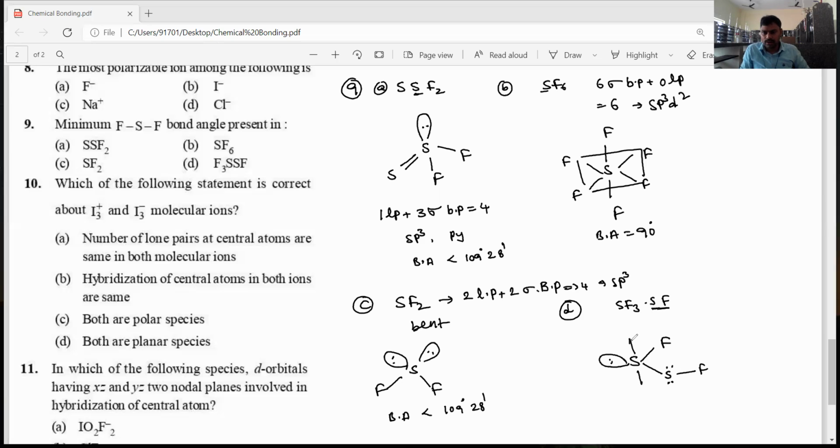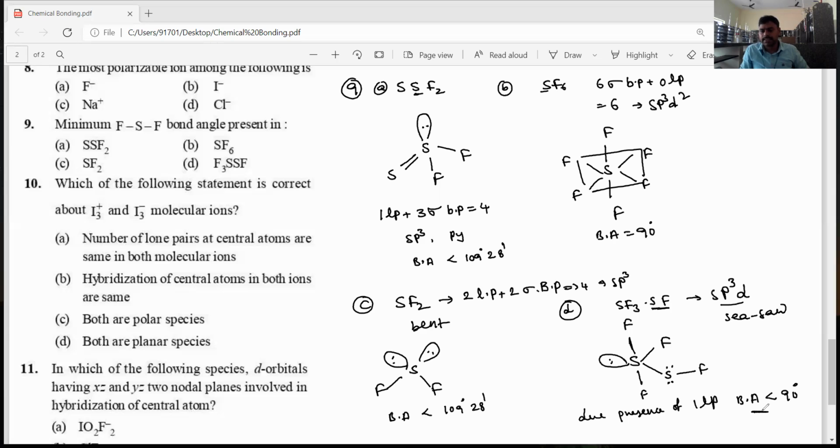Due to the presence of 1 lone pair, this geometry is seesaw geometry, and the hybridization is sp3d. Due to the presence of 1 lone pair, the bond angle is less than 90 degrees.